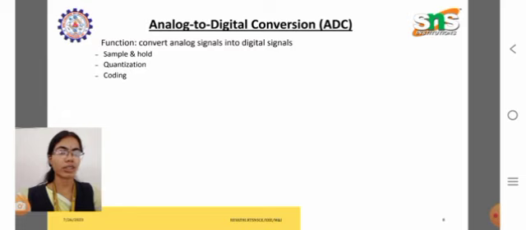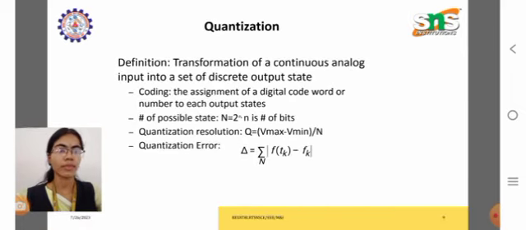Analog to digital conversion, ADC. Function. Converts an analog signal into a digital signal. Sample and hold, quantization, and coding are the functions of an analog to digital converter. What is quantization? Definition of quantization: transformation of the continuous analog input into a set of discrete output states.